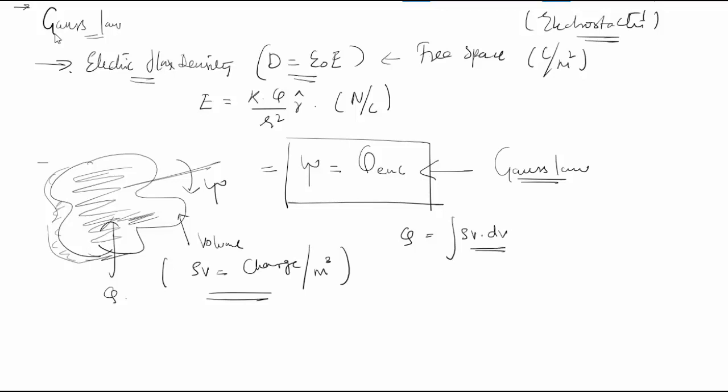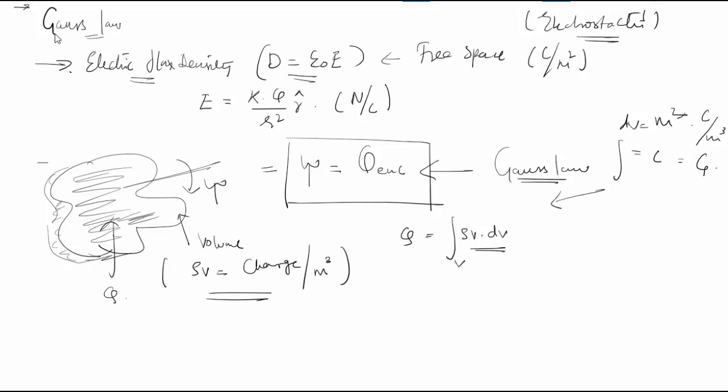So you are doing a volume integration. The dv is in meter cube, and when you multiply it by charge per meter cube you get a charge, and integrating over the whole volume gives the total charge q. That's how you have got this.